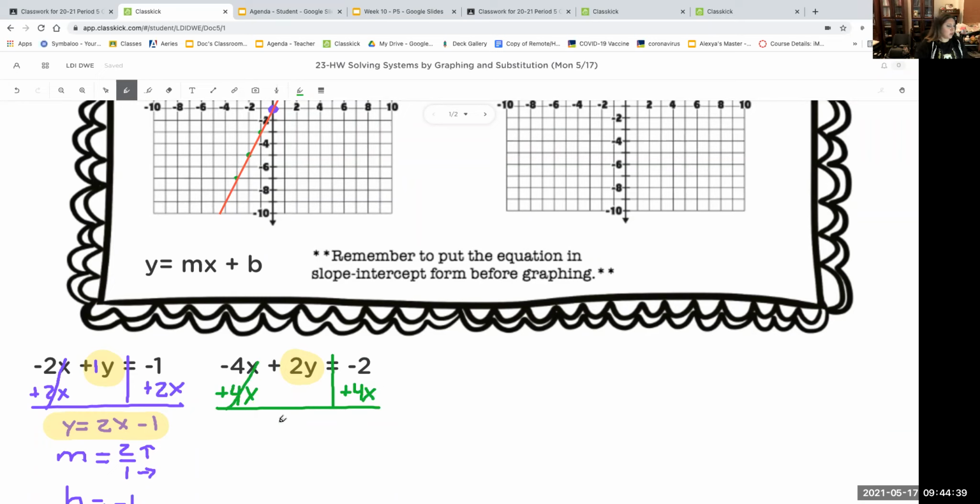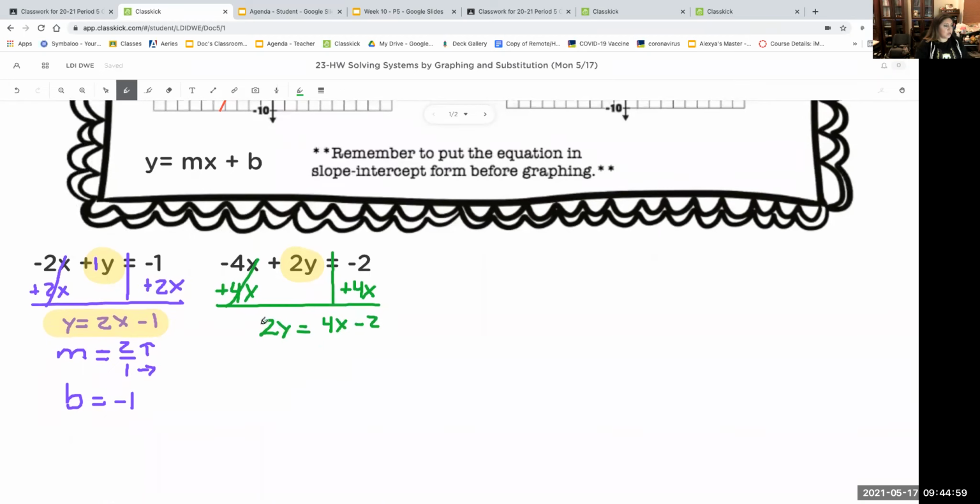My 4x's go away. I'm left with 2y equals, again, I can't add these because this -2 doesn't have an x. So I'm going to put 4x minus 2. Here is that extra step because we do have this +2 right here. We do need to get rid of it.